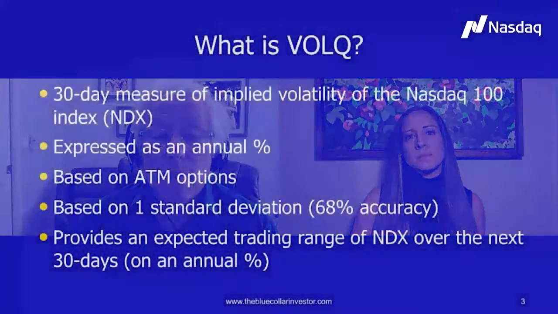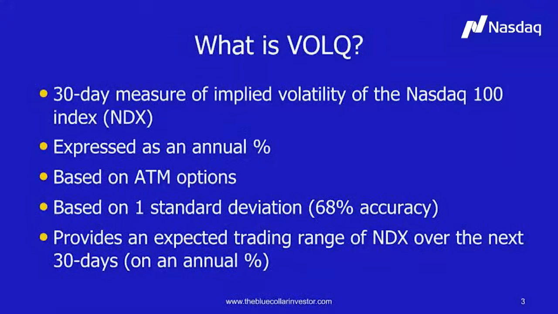Now, VOLQ is the Nasdaq-100 Implied Volatility Index. Why it's such a great tool for covered call writing is that it will give us the implied volatility of the Nasdaq-100 stocks over the next 30 days. The actual stat is expressed on an annualized basis and on one standard deviation.